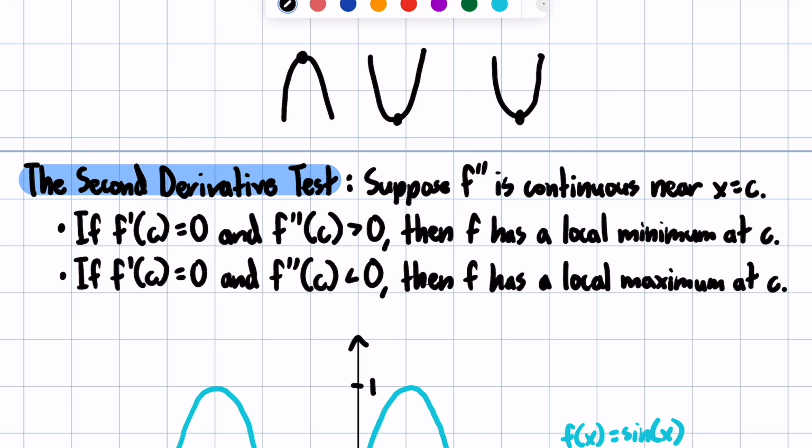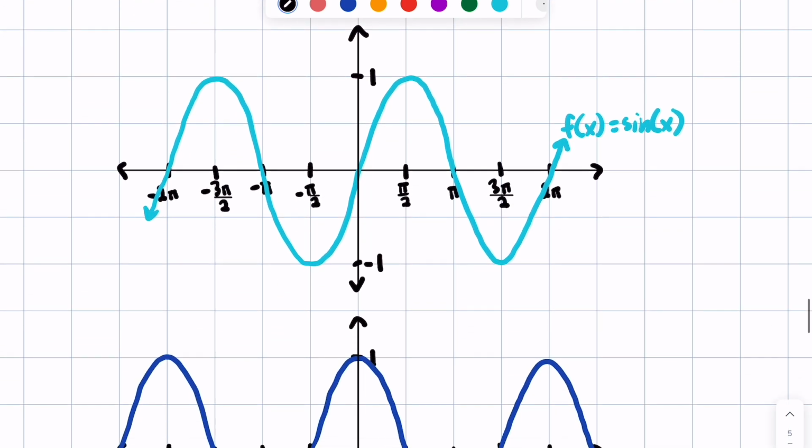And if it's a critical point based on the first derivative, and if the second derivative is negative, we're concave down based on the concavity test, so f has a local maximum there, right? Let's see this in practice.